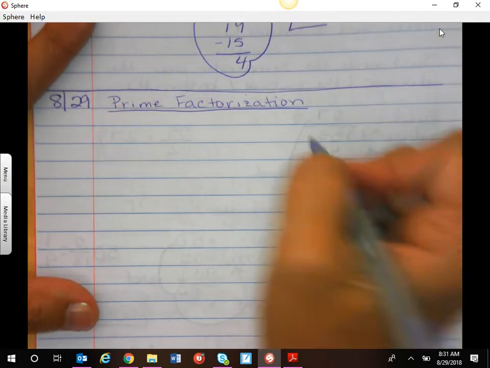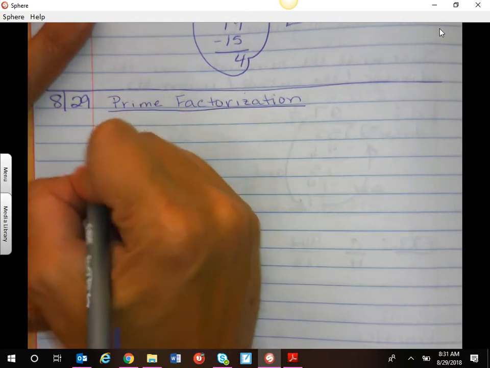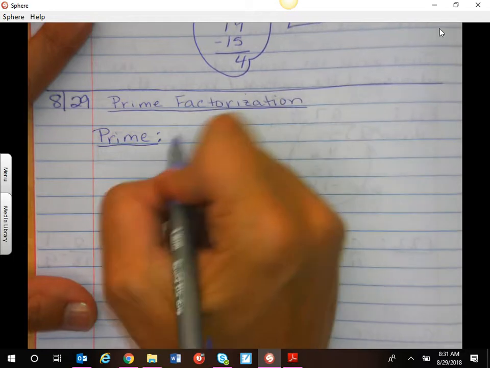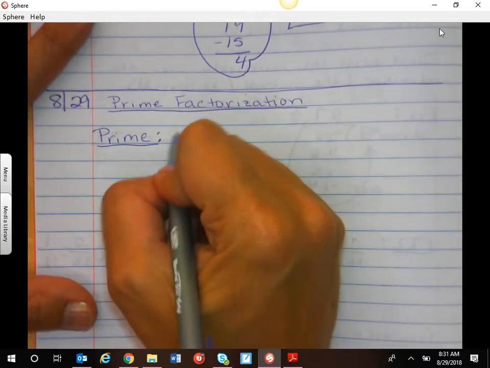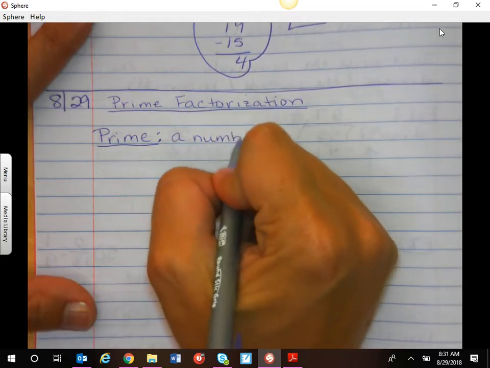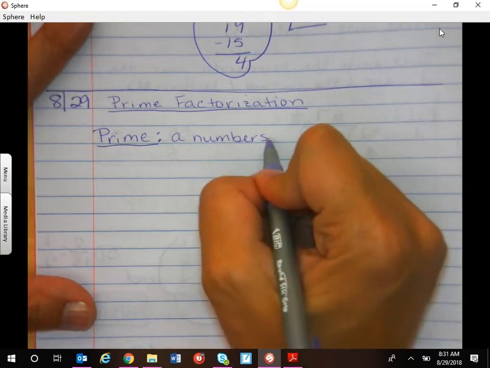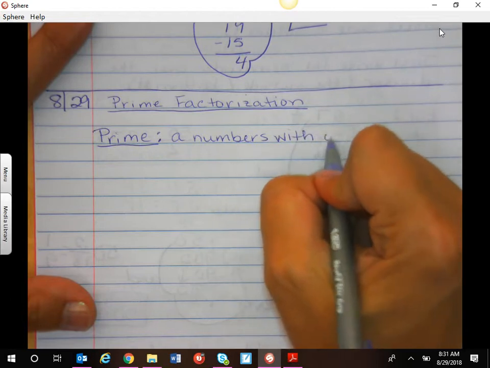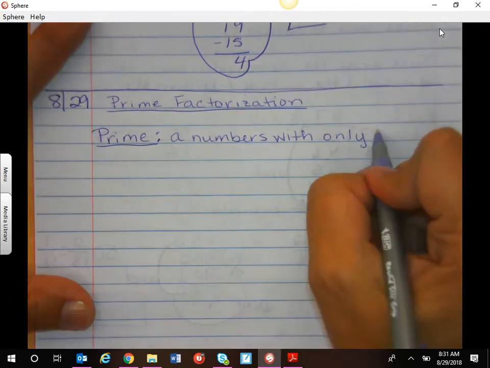So let's define a couple of these words first. Let's define the word prime. So a prime number is a number or numbers with only two factors.